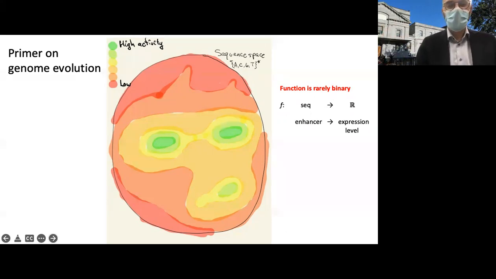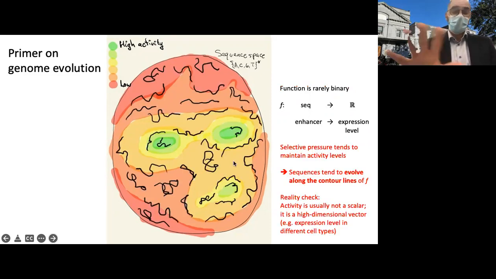So imagine that the same sequence space that I had here, now look at this as a contour map of this space. There are certain regions where these sequences have a high level of activity. Those would be the green ones. There are regions where the level is very low, and there are regions in between. Now, if we have sequences that are evolving in this space, they would tend to stick around the contour lines of this map, because it's beneficial to maintain the level of activity rather than alter it significantly.